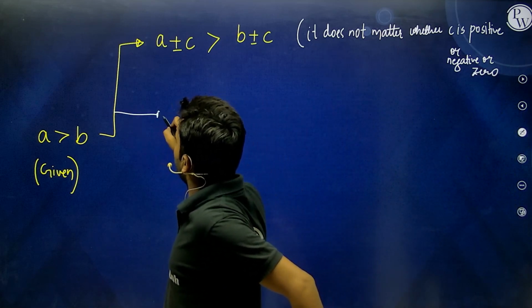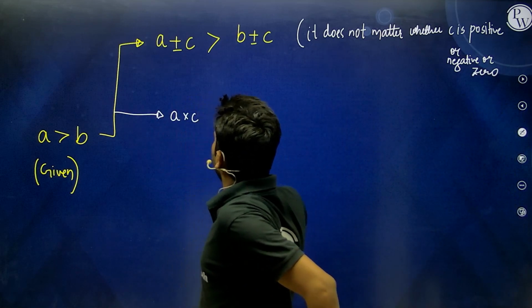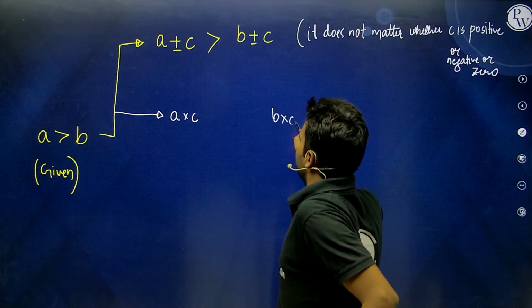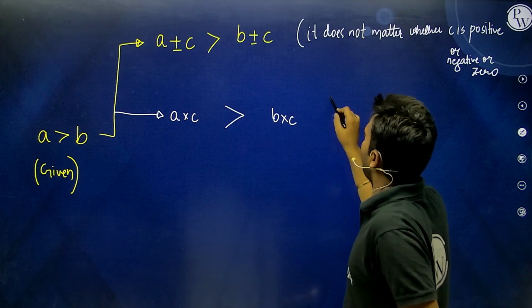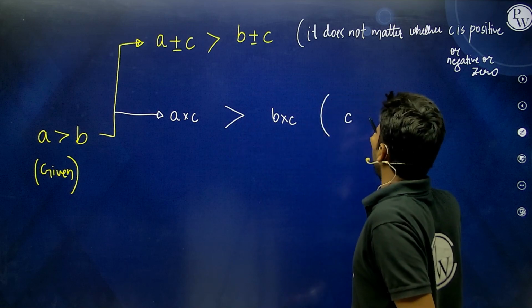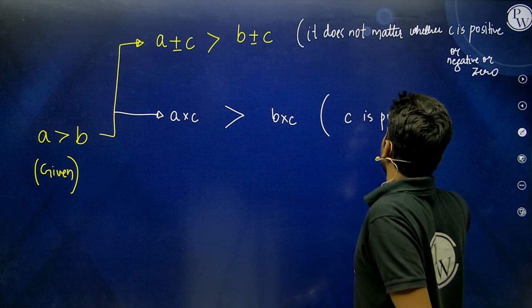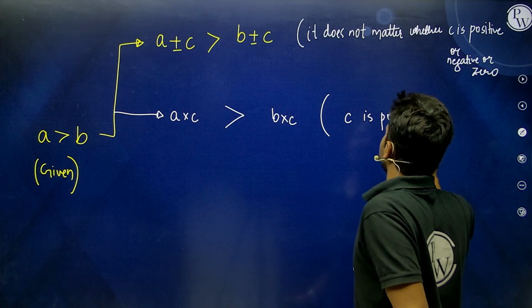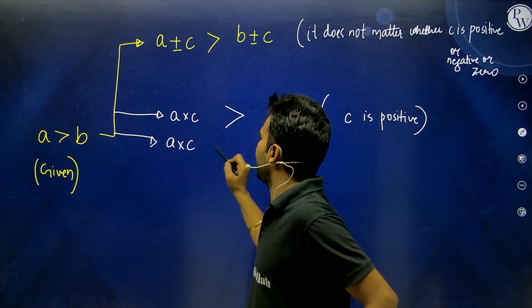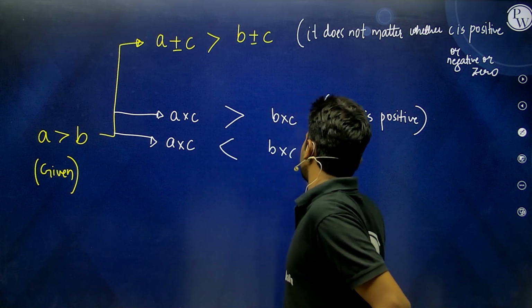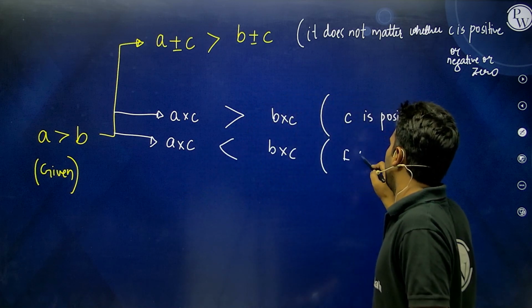Whereas if I'm multiplying by a number, the thing changes. If c is positive, then the sign of inequality remains the same. But if c is negative, then the sign of inequality changes. Why? Let me tell you an example.